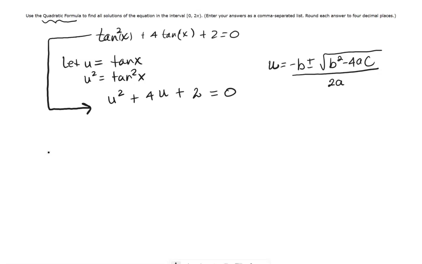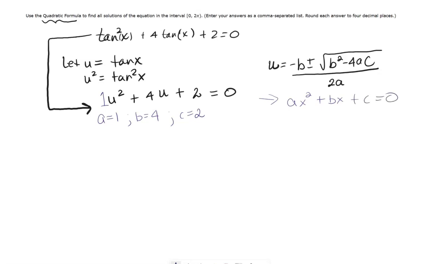So notice that a is 1 because that's 1u squared, b equals 4, and c equals 2, because this is a quadratic equation, ax squared plus bx plus c equals 0.